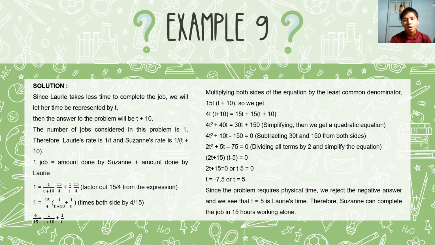Since the problem requires physical times, we reject the negative answer and we see that T equals 5 is Laurie's time. Therefore, Susan can complete the job in T plus 10 equals 5 plus 10 equals 15 hours working alone.